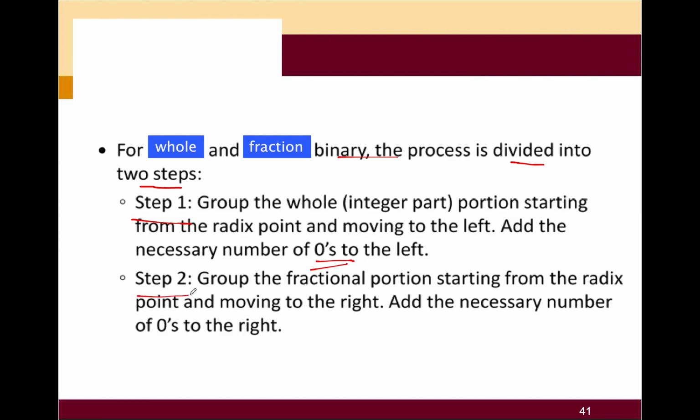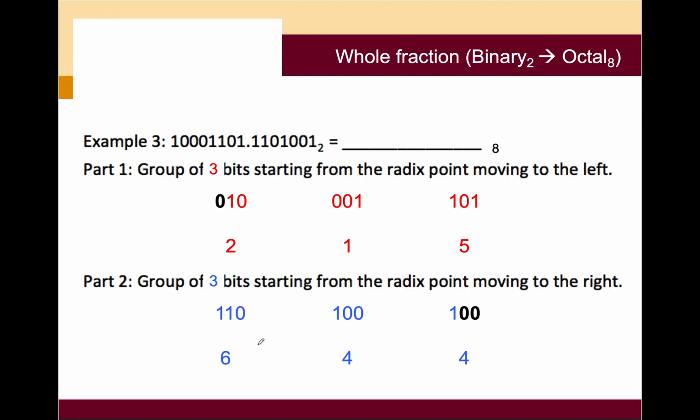And then step 2, you need to group the fractional portion starting from the radix point and moving to the right. So for the whole number, you go to the left, but for the fraction, you go to the right and add the necessary number of 0s to the right. Here is one example: you have 1 0 0 0 1 1 0 1 and then point 1 1 0 1 0 0 1.